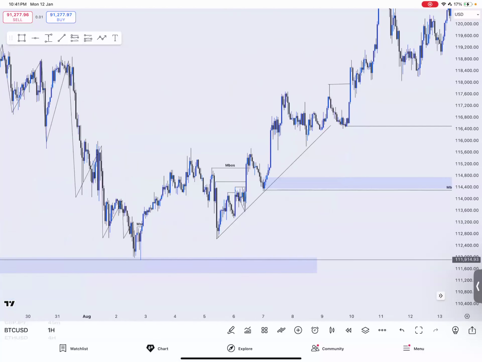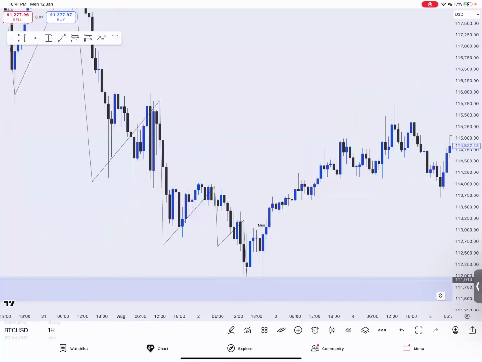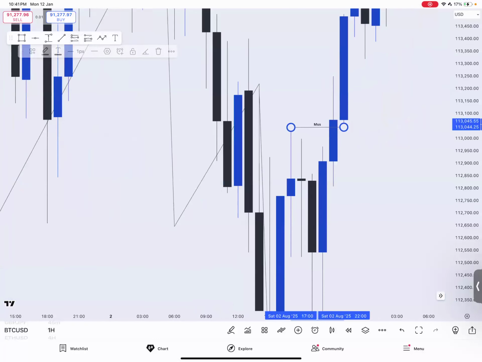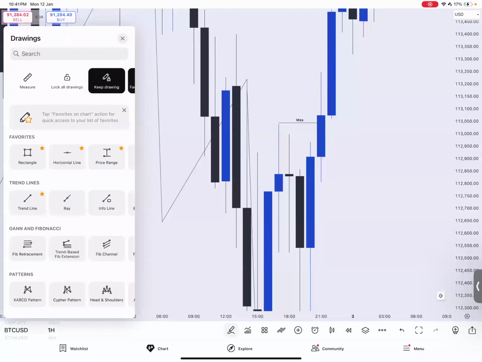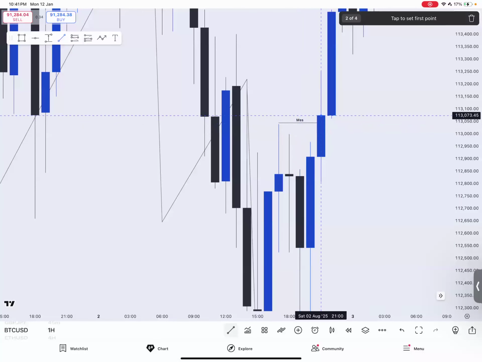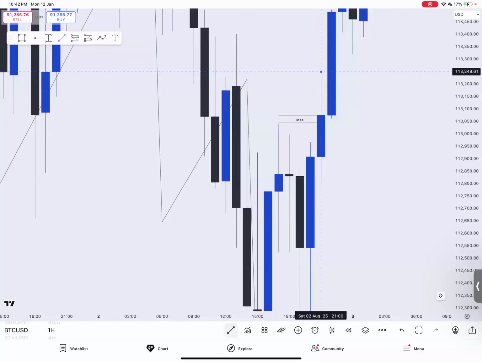Here is an MSS right here. After the MSS, the body closure of the MSS candle is right here. The wick is up here.